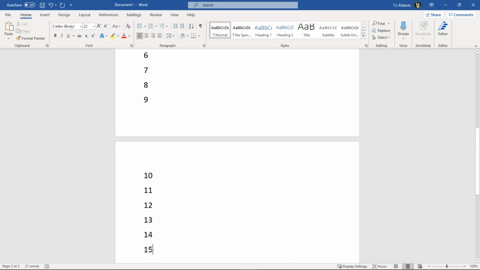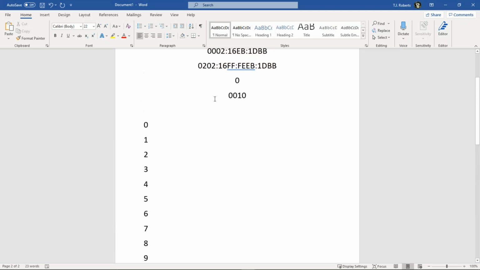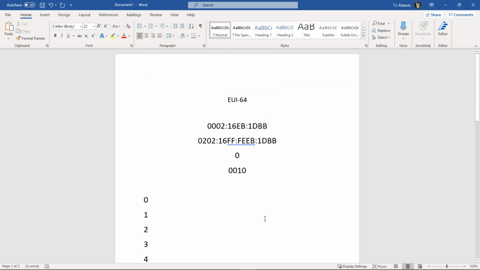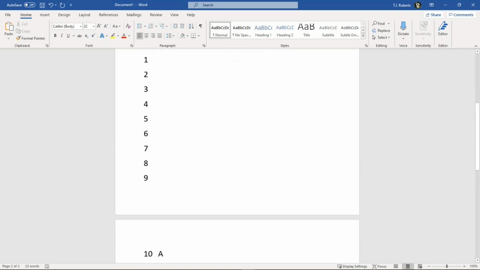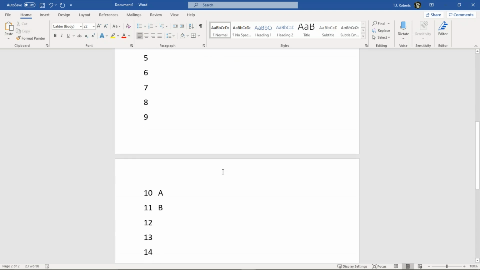Does anyone know why I stopped at 15? Nobody? Same reason that you stop at 255 on the subnet mask. Because 0 counts as a number, so that is your 16th number. Wait, give me a second.